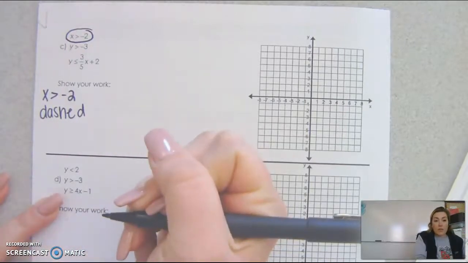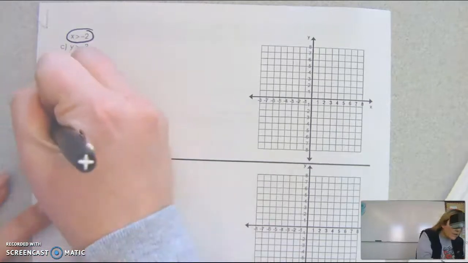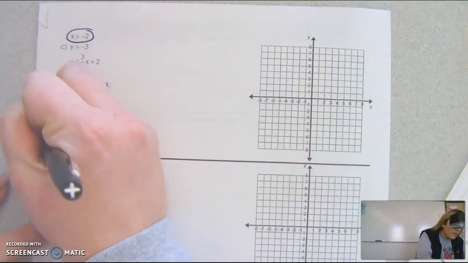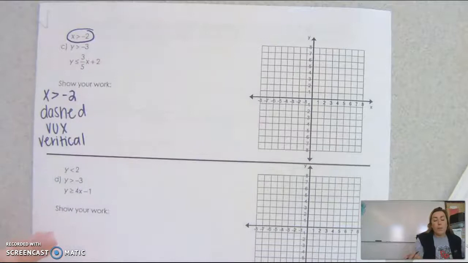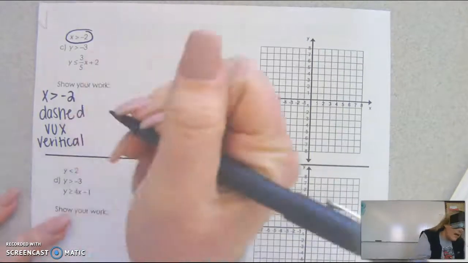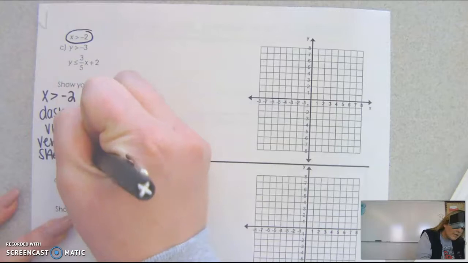Then I need to decide where I'm going to shade. Well, if I draw out this line, I know it's an x, which means it's going to be a vertical line. So instead of deciding whether to shade up or down, I'm going to have to decide if I need to shade to the left or right. If it's greater than, that means that I need to shade to the right.